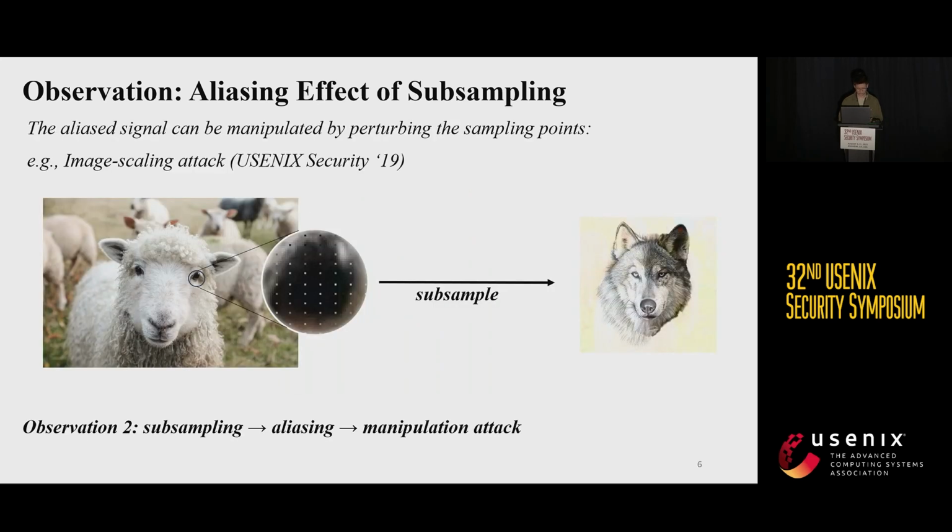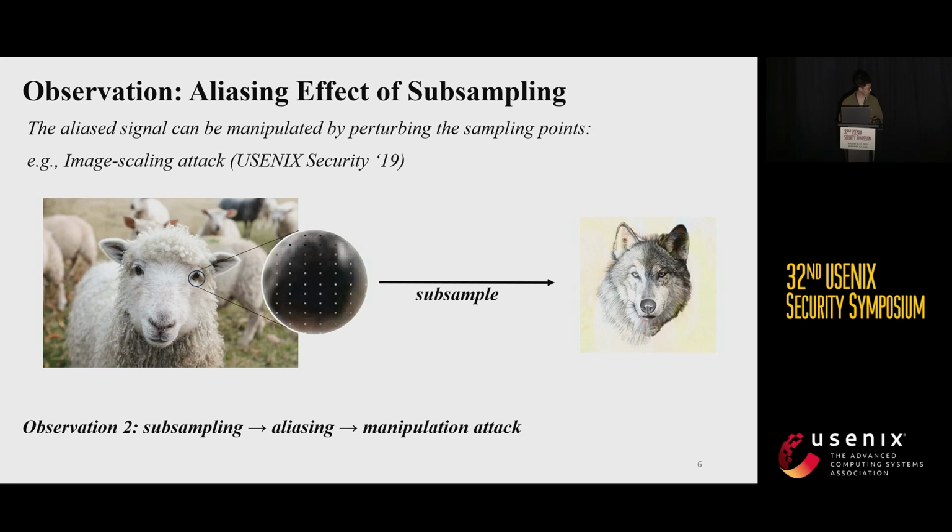Here's an example from the image scaling attack. As you can see, the attacker just needs to modify the sampling points. The sampling points are a small fraction of the original image, and the attacker can change the output of the sampling with a very small perturbation.